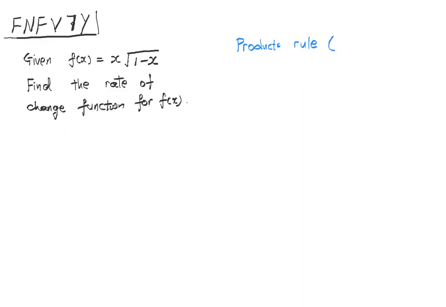When you want to use the product rule, one very important thing you have to remember: for product, it is a product of how many functions? 2 functions only. If more than 2 functions, you have to think of a way to simplify it.